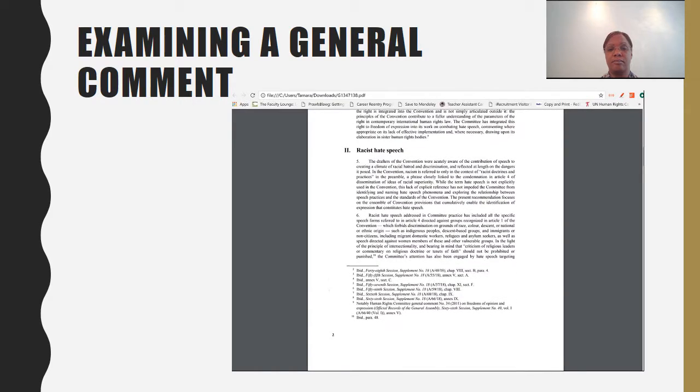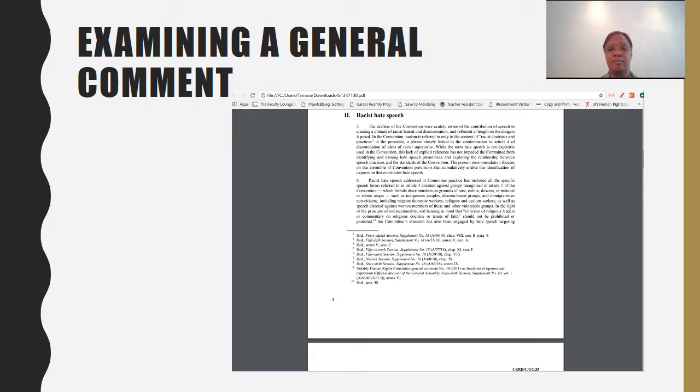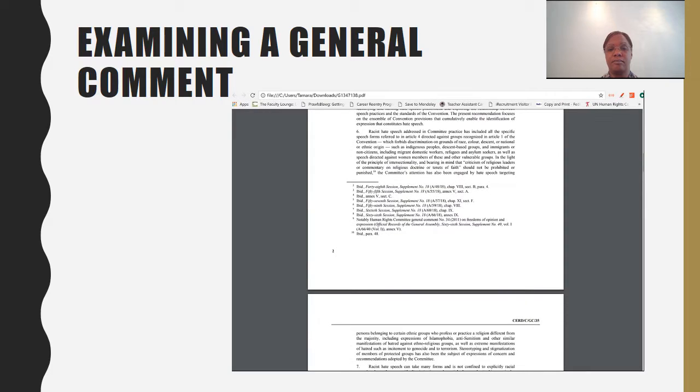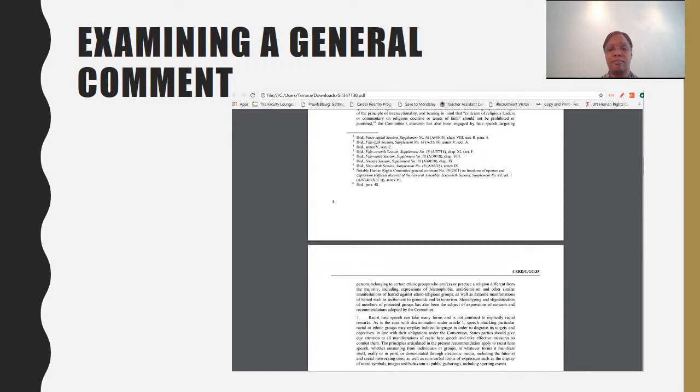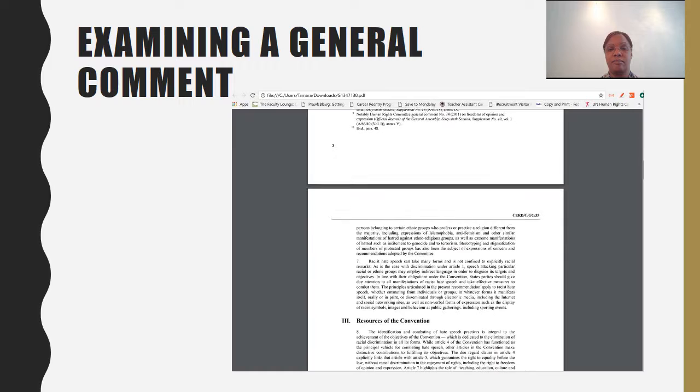When looking at this and analyzing it, you have to recognize that you might get even additional information about why a treaty came about and what the thinking was behind the drafters. This is really very important as you describe and analyze portions of the treaty.